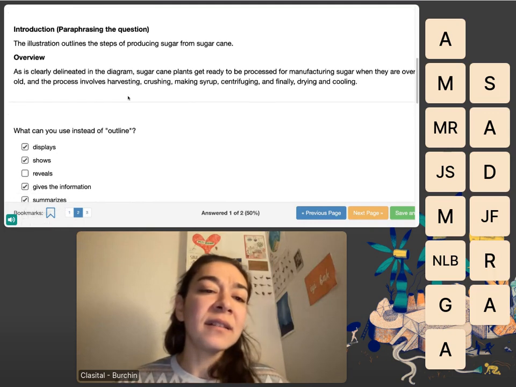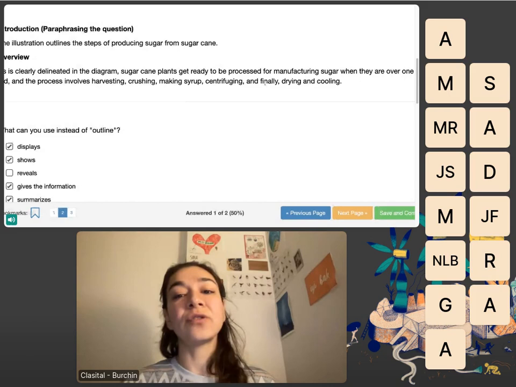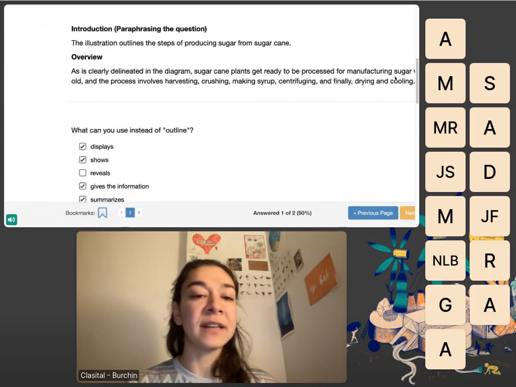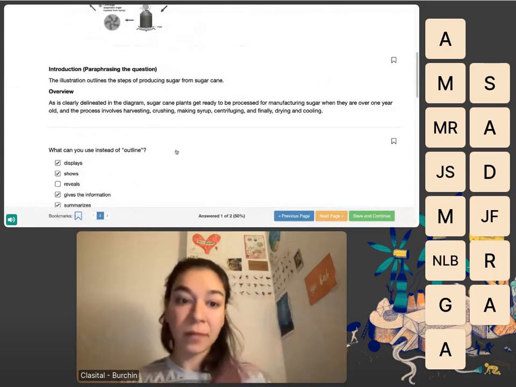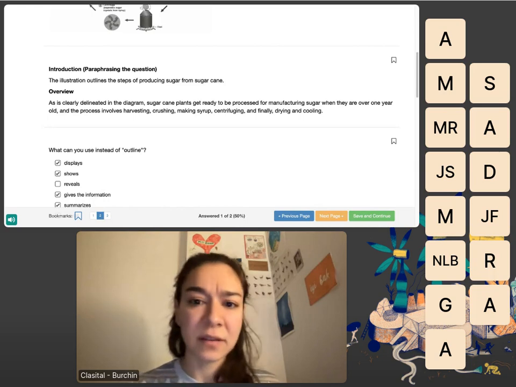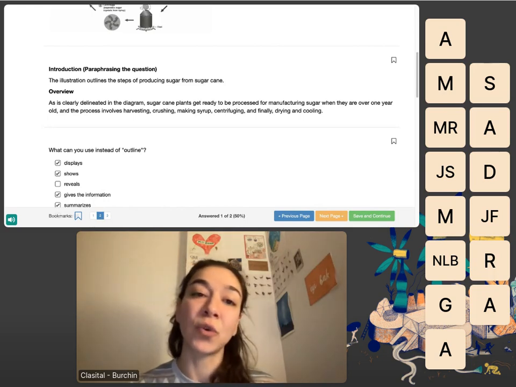For example, as it is clearly delineated in the diagram, sugarcane plants get ready to be processed for manufacturing sugar when they are over 1 year old, and the process involves harvesting, crushing, making syrup, centrifuging, and finally drying and cooling.